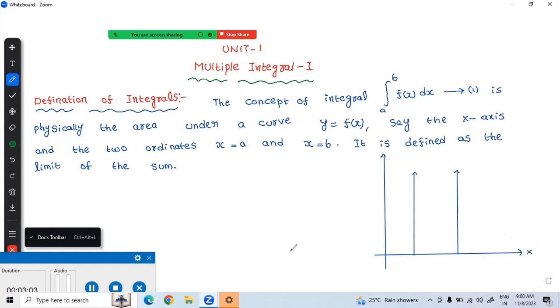This is called the x-axis, 0, y-axis. x equal to a straight line, x equal to b straight line. Y equal to f of x is the curve.